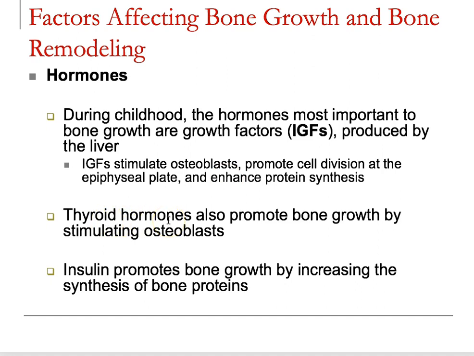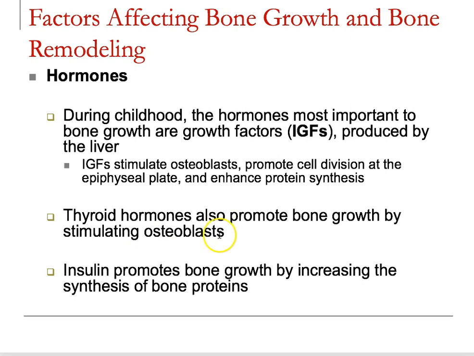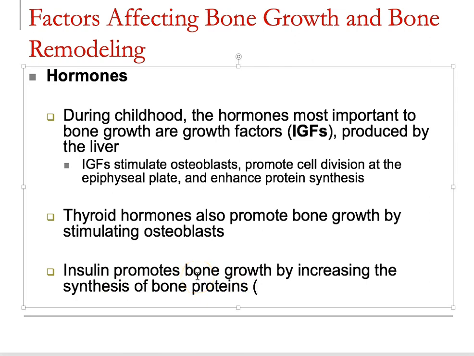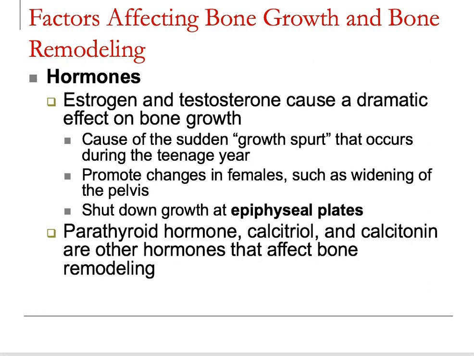Thyroid hormone is also required to promote bone growth by osteoblasts, and insulin promotes growth by increasing the synthesis of proteins, and that actually means uptake of amino acids. Without it, you can't have enough amino acids to build all the proteins that you actually need.